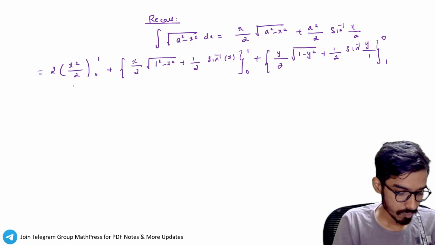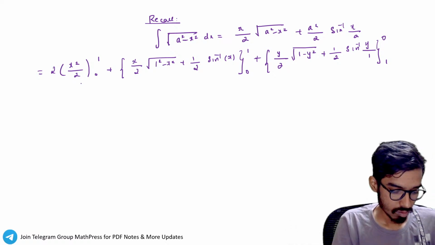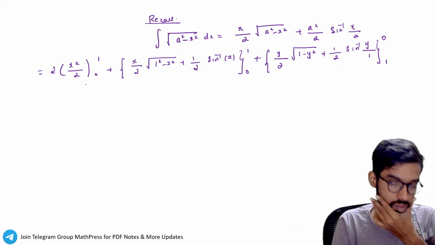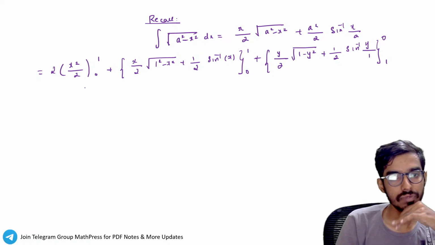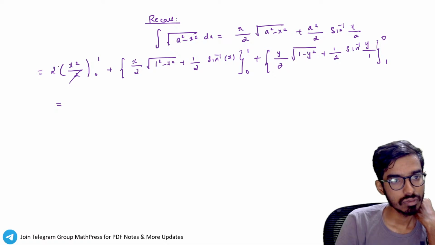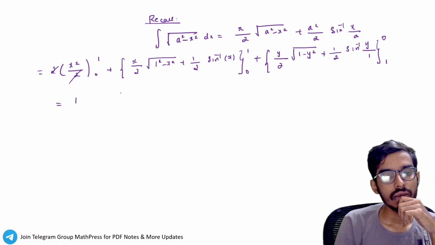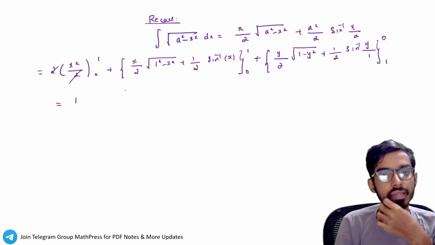So this will be, we will have 1 here, right? And what about sine inverse of 1? So sine inverse of 1 is pi by 2.